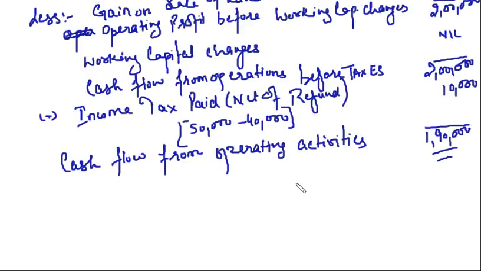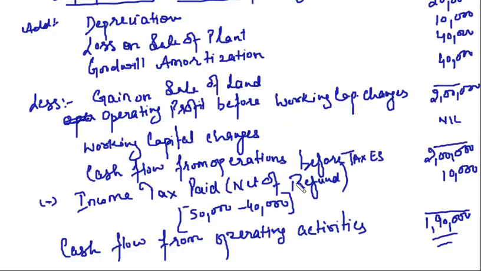So income tax paid will be subtracted net of refund at the end of cash flow from operations. But while calculating net profit before taxes, we have to only consider provision for taxation. Clear? I hope this much is clear to you. These are the very simple problems that we have discussed.